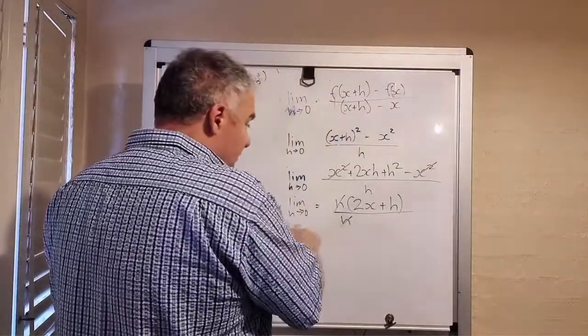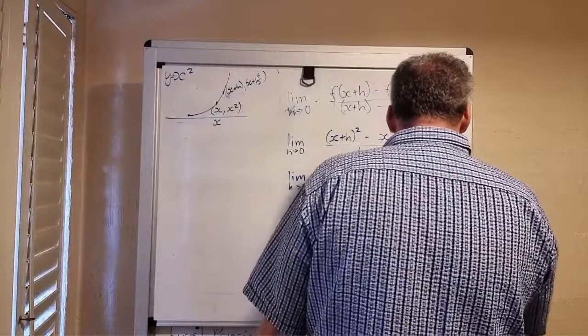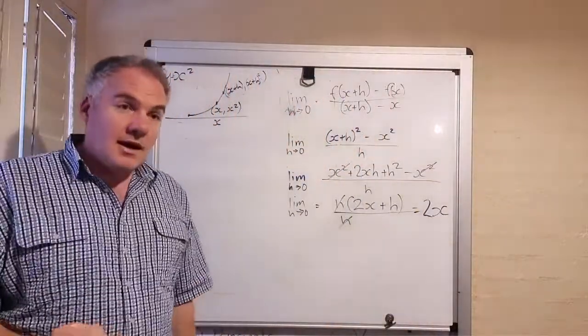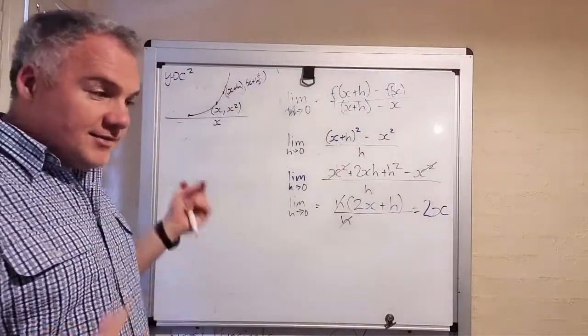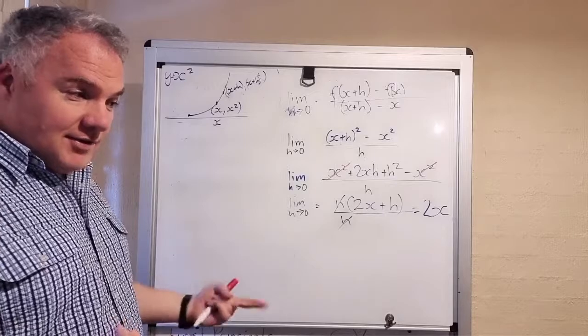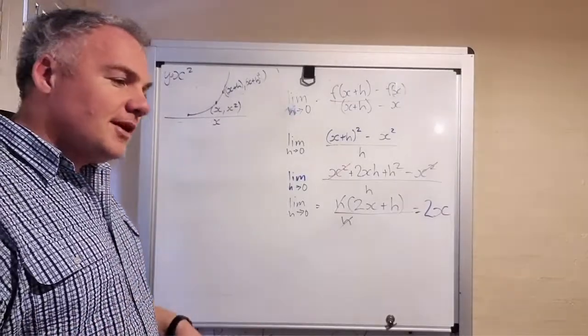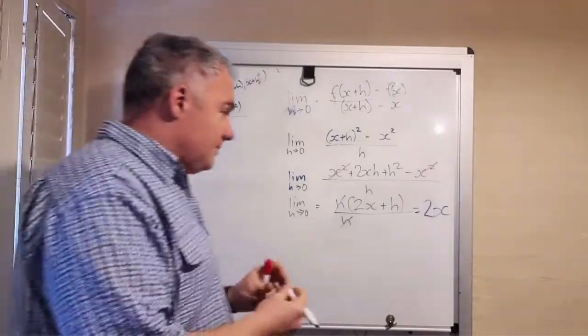Now, as h approaches 0, the answer of this becomes 2x. Okay? So this is my derivative. And this is the first derivative I've worked out in front of you guys. This is our first derivative together. Happy days.